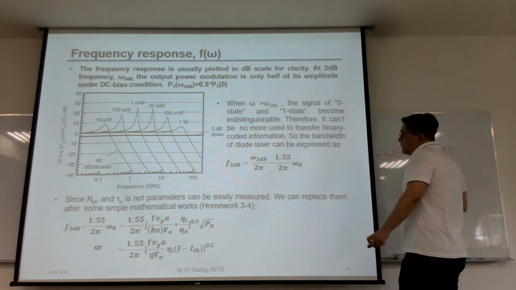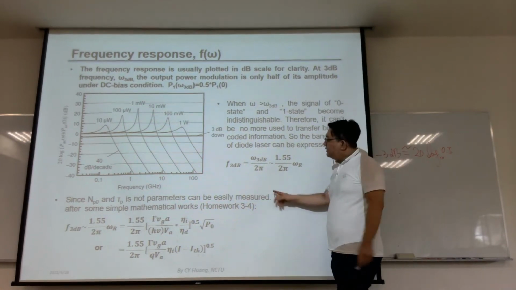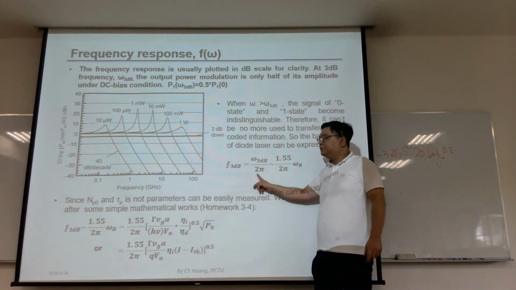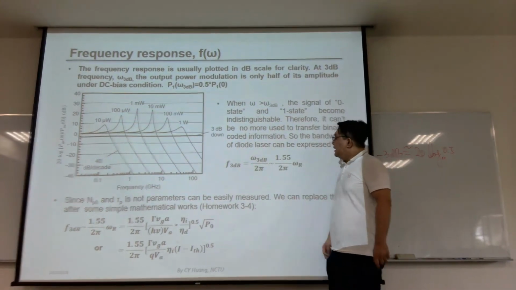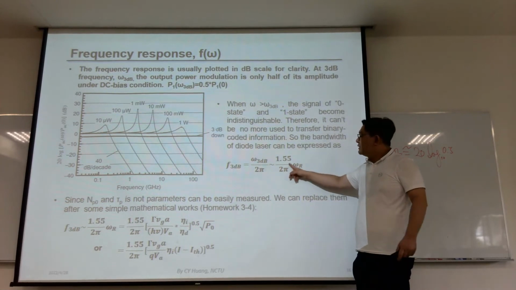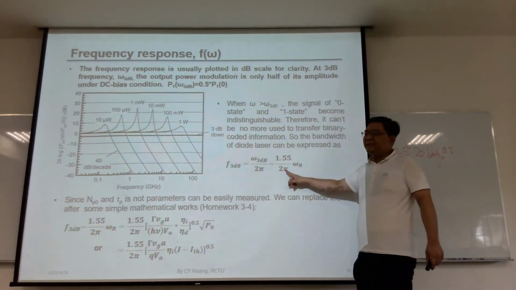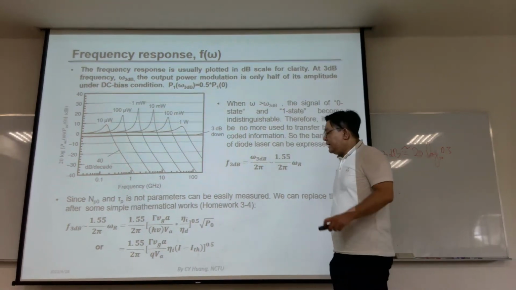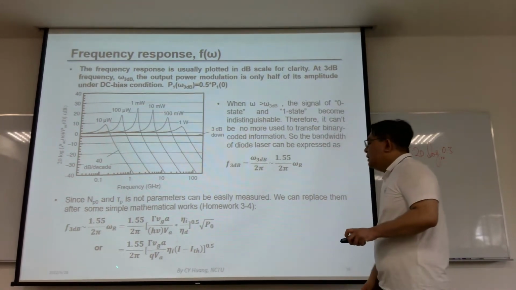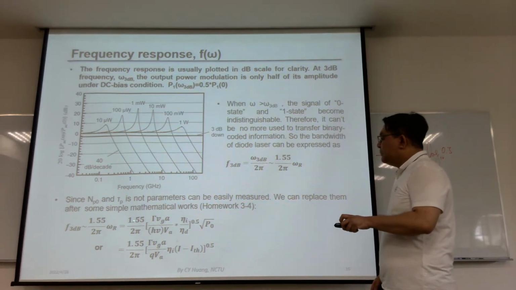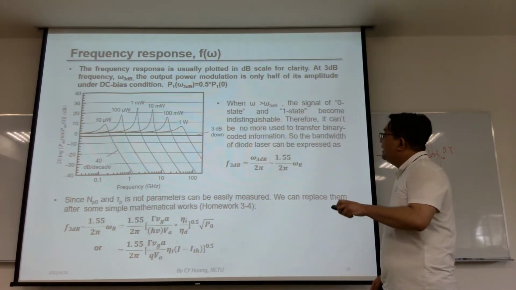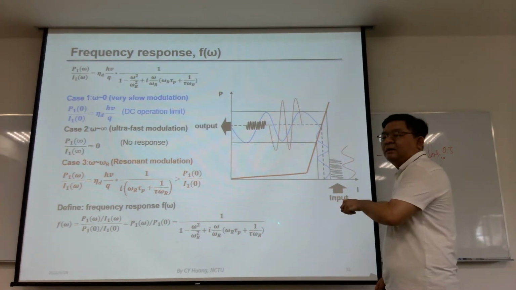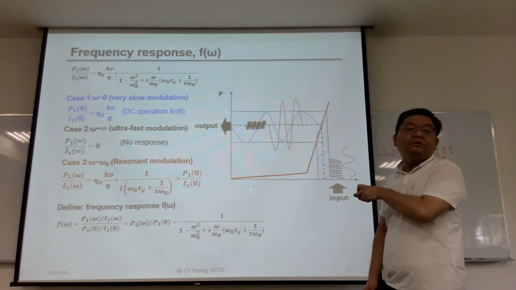Alright. So the 3 dB angular frequency, if we want it as a time frequency, we need to divide by 2 pi, and it should be something close to 1.55 divided by 2 pi times omega r. And omega r can be written as the square root of gamma v_g a over h mu times zeta i over zeta d, if you simply assume this to be 0.05 or 1/2.